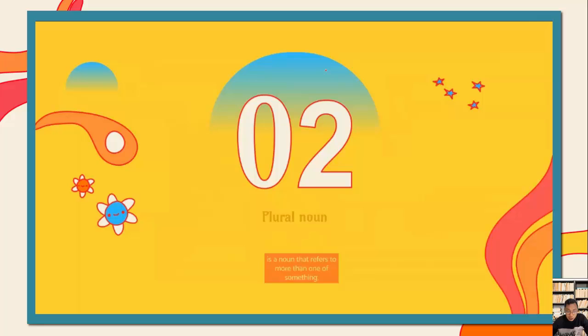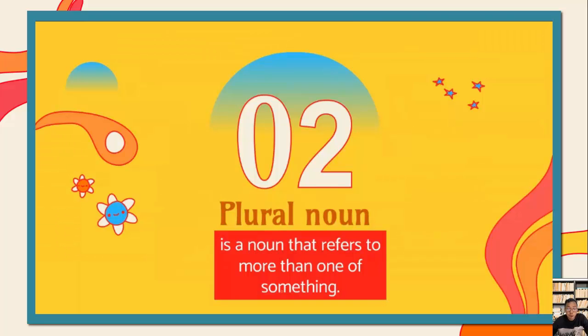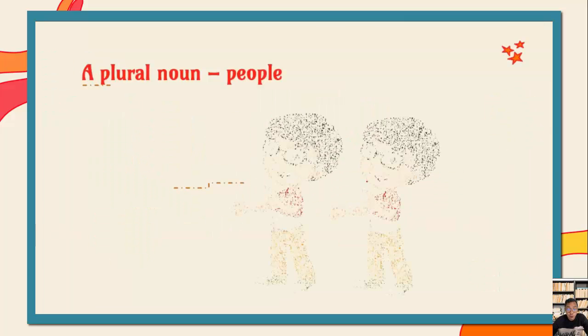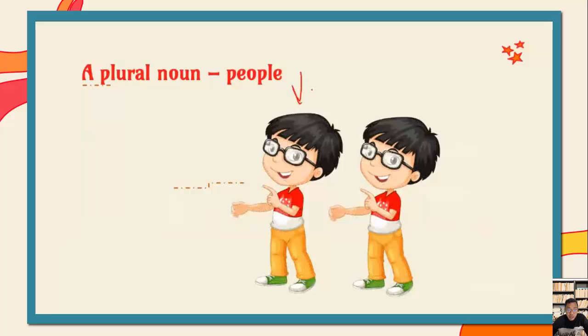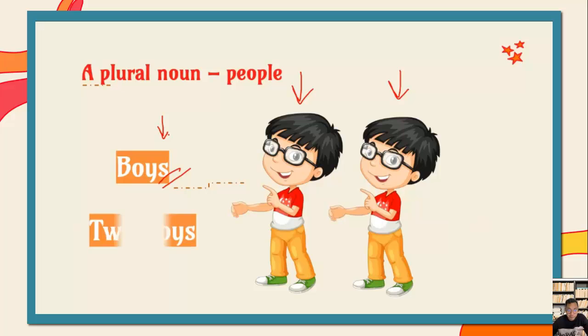All right? Let's see number 2, plural noun. Plural noun refers to more than one of something. For example, this is one student and becomes 2 students, right? Or boys. We put S. If you want to form a plural noun from a singular noun, for most nouns you just put S, right? A boy, 2 boys.